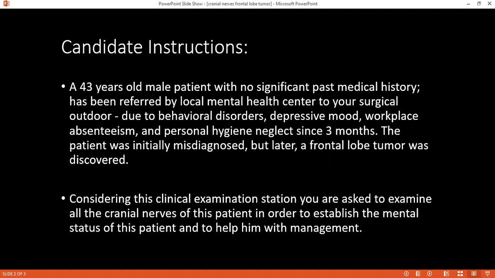He has no headache, no signs of increased intracranial pressure. He has an intact trigeminal nerve. He has no problem in the other eye movements of the cranial nerves. Intact facial nerve, intact glossopharyngeal nerve. So now please tell me your provisional and differential diagnosis.